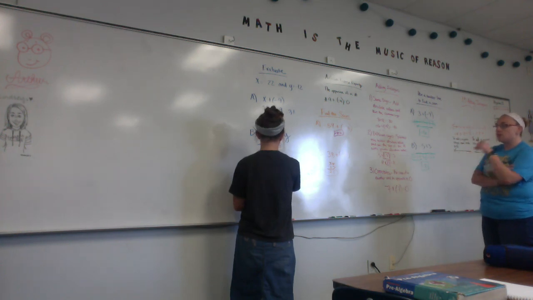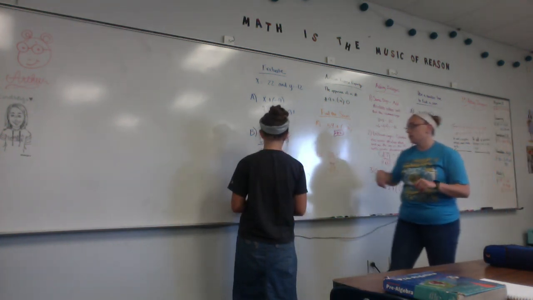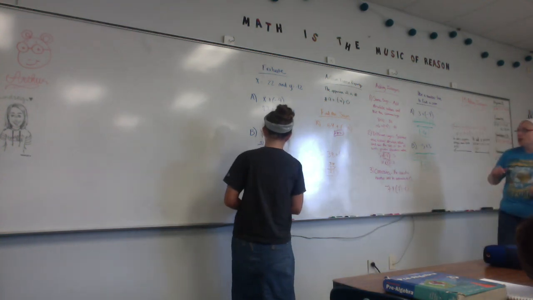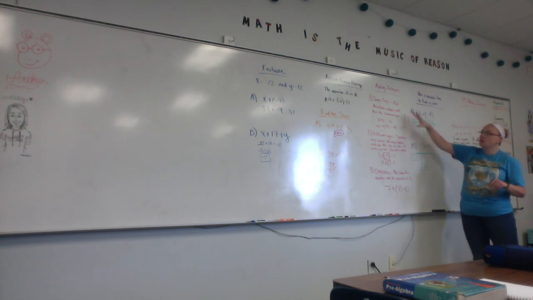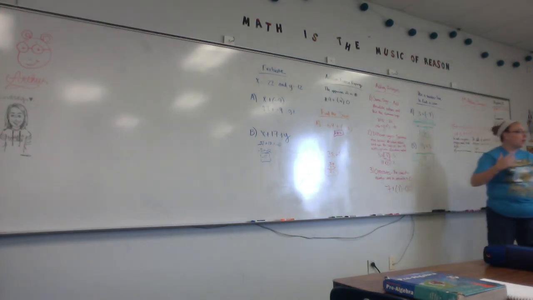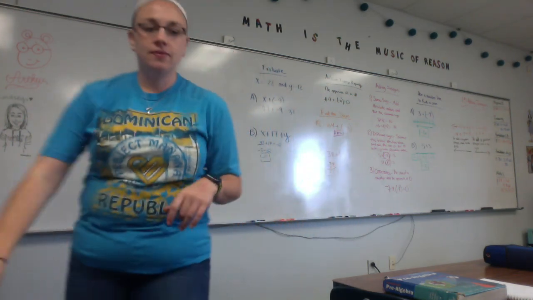Negative, because I don't have a double negative here. That's what you would look for to change it to positive. So she used the different signs rule first, and then she used the same signs rule. That is what your homework's over tonight.